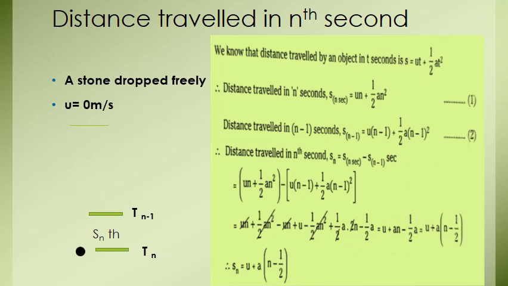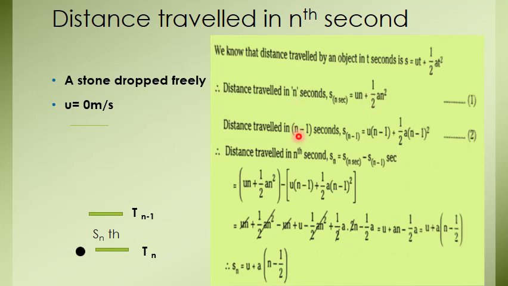But already you know displacement s is equal to ut plus half at square. Here s is the distance traveled. For n seconds, instead of t, write n. So s is equal to un plus half an square at the end of n seconds.